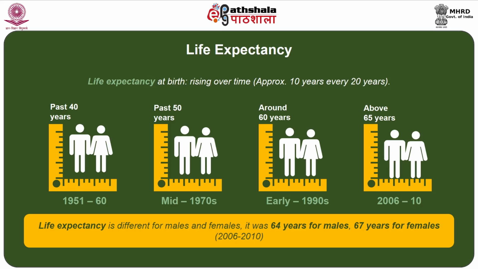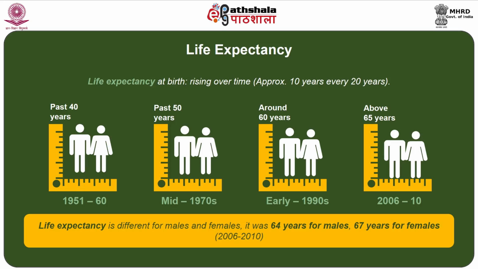For instance, while it was around 40 years during the period 1951 to 60, it improved to around 50 years in the mid-70s and further to 60 years in the 1990s, and during the last 5 to 10 years the data showed that life expectancy is around 65 years, which shows clearly that the achievement in medical technology and people's access to health has tremendously improved, and our life expectancy is showing those results.